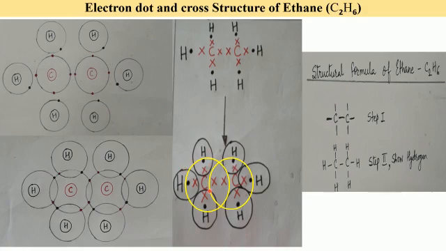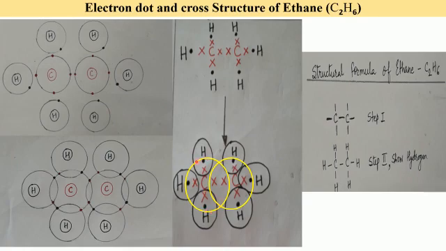And then you will draw the octet for carbon. While drawing the octet for carbon, you will include the one pair of electron that is shared between the two carbon atoms, plus this carbon is sharing one electron with this hydrogen. So one pair here, and one pair here.